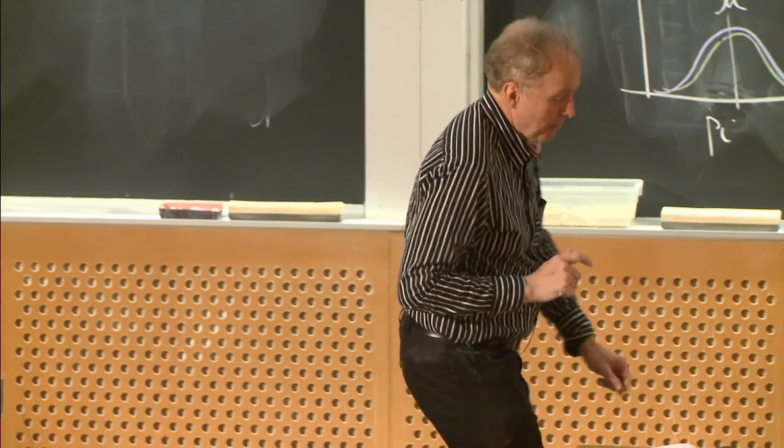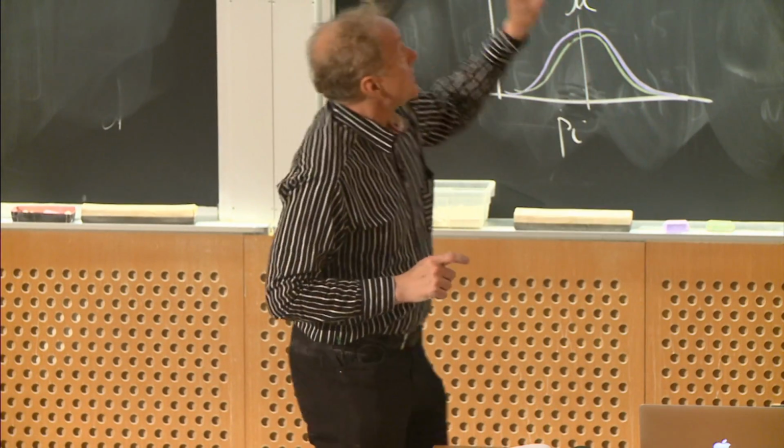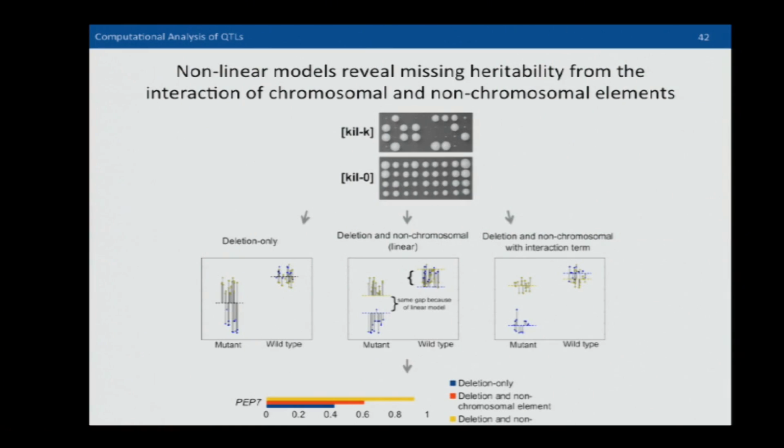So it turns out that if you look at this, in this particular case, we're looking at yeast that don't have the virus in the bottom little photograph there. You can see they're all growing similarly.